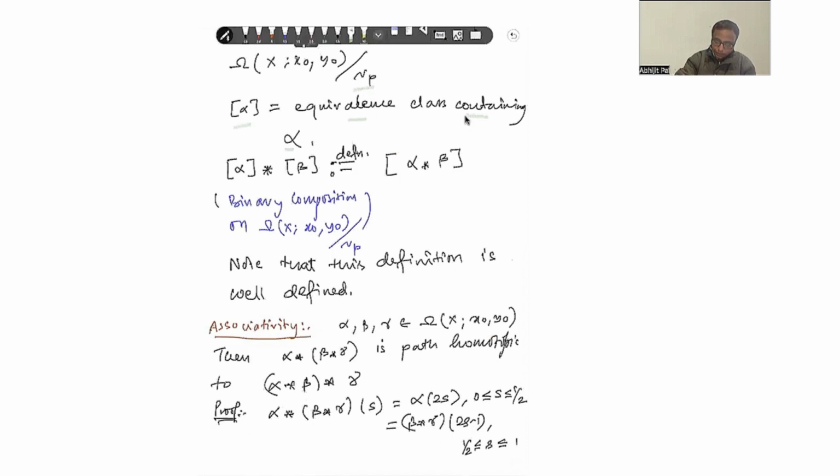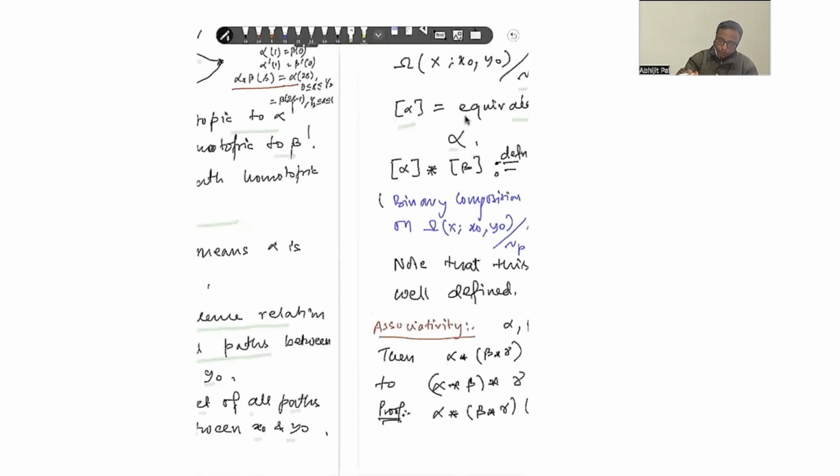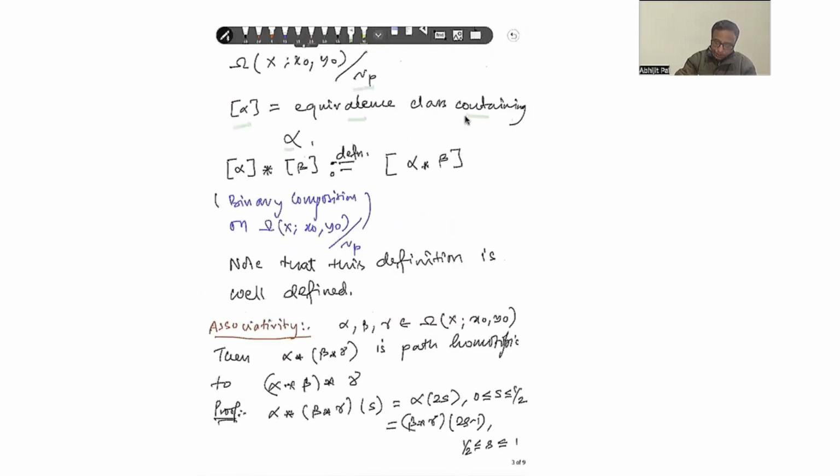Because of this fact, one can check that this binary operation makes sense: if I take two paths alpha and beta such that alpha(1) is equal to beta(0), this concatenation makes sense. This gives you a binary composition on this omega.